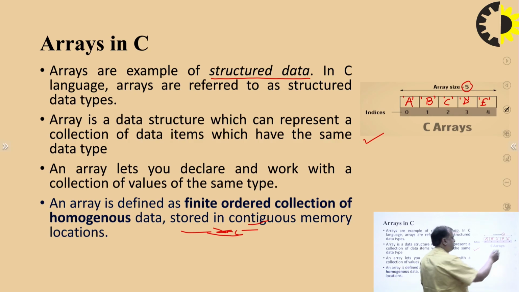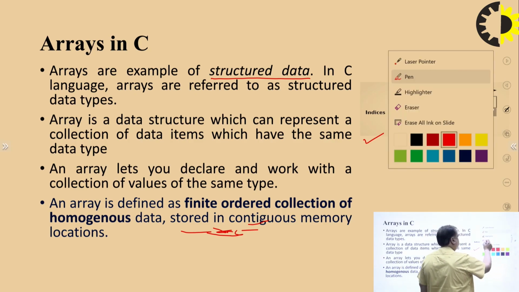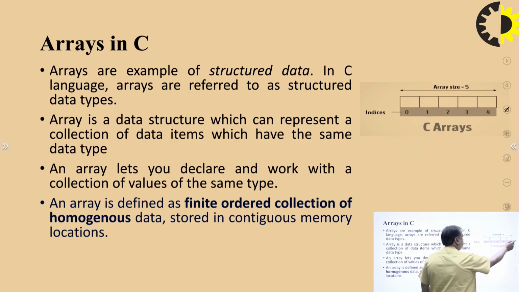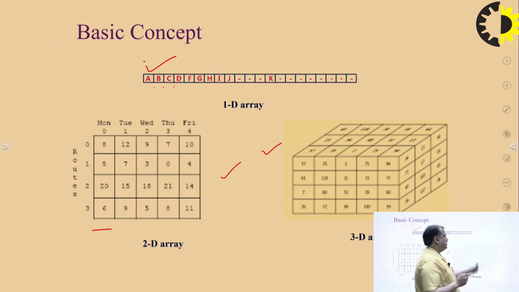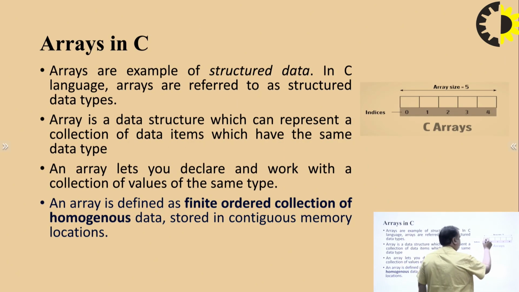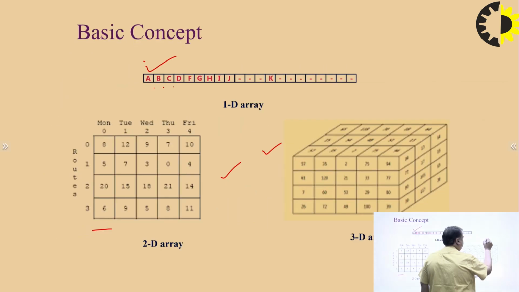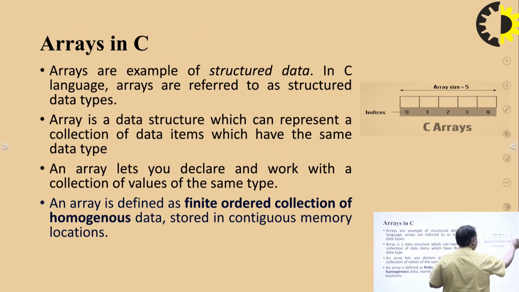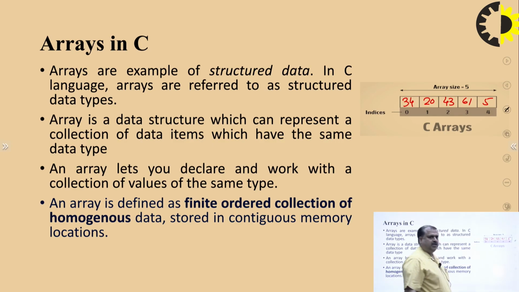In that situation, I'll store integers here. Like I want to store 34 here, 20 here, 43 here, 61 here and 5 here. So I have stored some integer values.